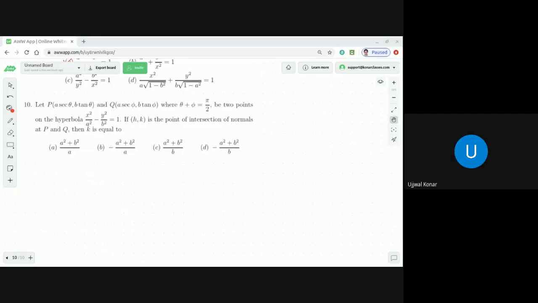Unfortunately, C is not the correct one. Dear Pratik, did you get anything? Sir, option D. Correct, you are. Yes, it is indeed option D.